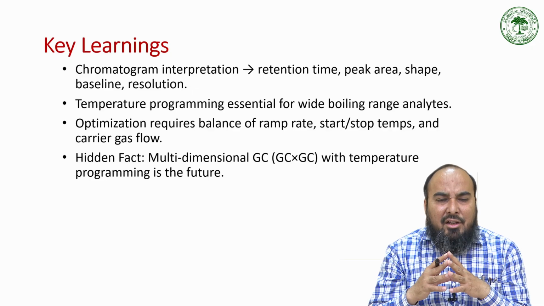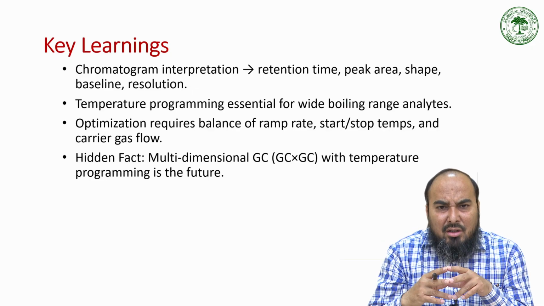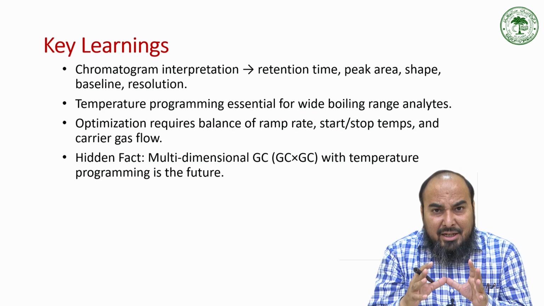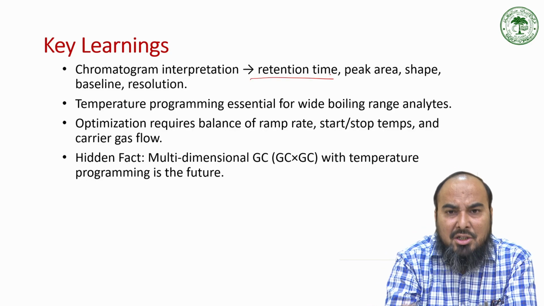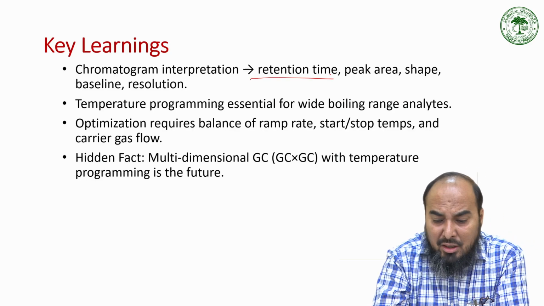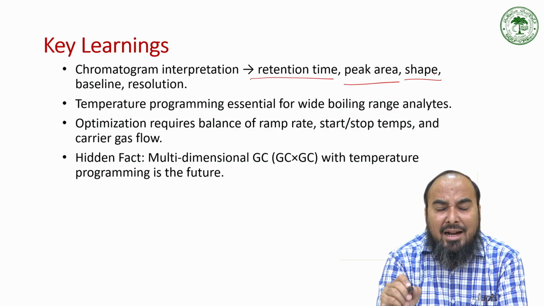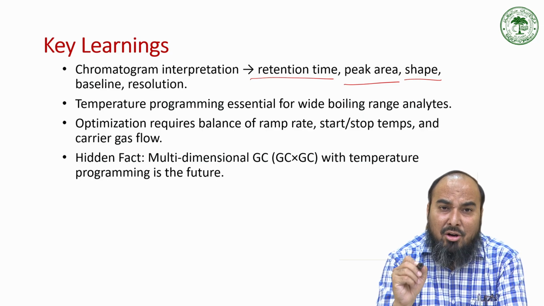So what are the key learning features? What are the important features? For getting a good interpretation of your chromatogram, you have to look for retention time. You have to look for peak area and shape, whether your shape is Gaussian or not. You have to look whether you have substantial peak area or not.